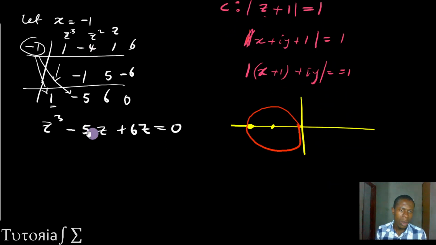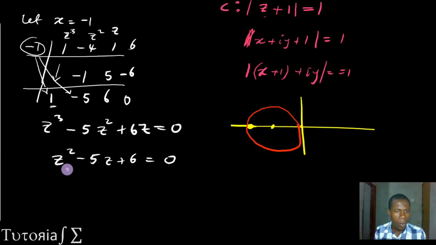So we can factor out the constant here. We divide throughout by z. So basically, we're going to have z squared minus 5z plus 6, and this should be 0.